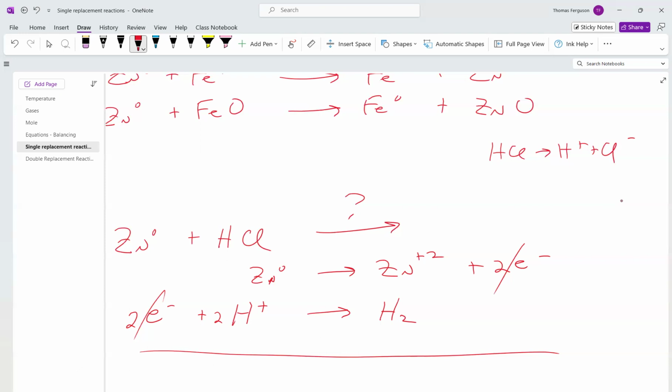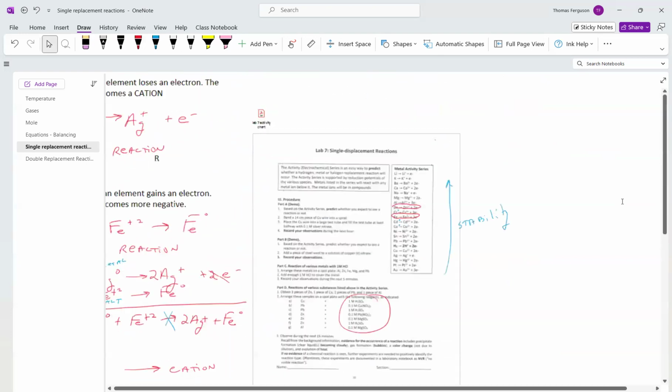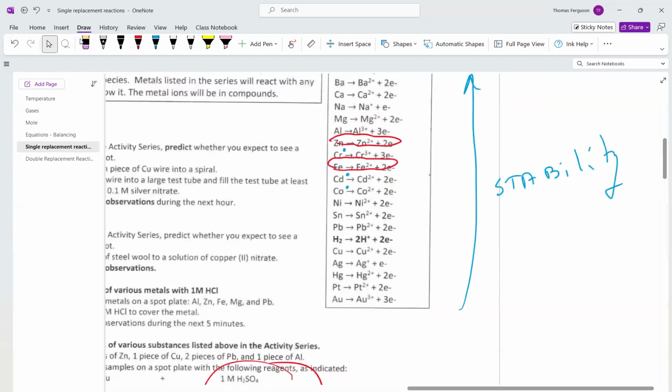If the metal and salt, what's your relationship? So this is a bell ringer. Okay, so we have the salt, which is H+, and then we have the metal, zinc.